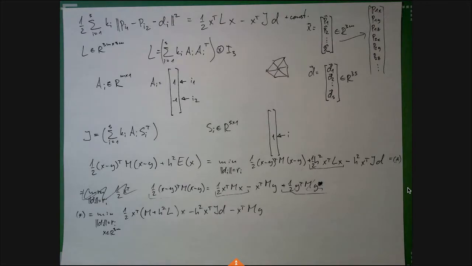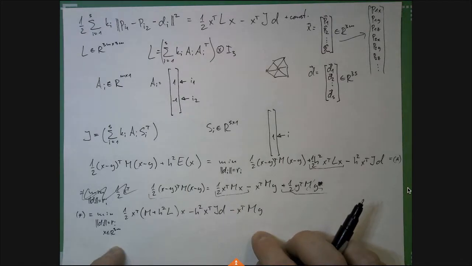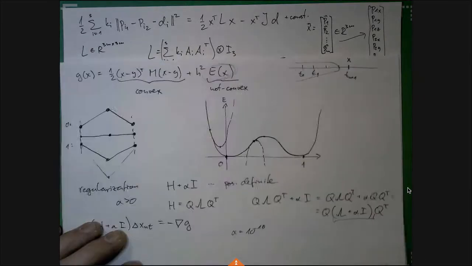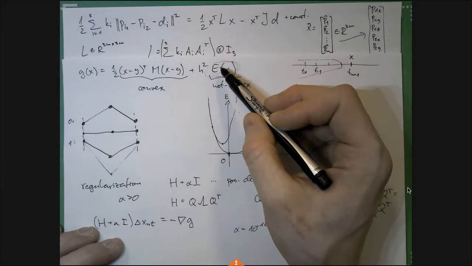It's because this was exactly equivalent. I was just rewriting all the time. The optimization problem is the same, even though the formulation is quite different, right? One thing you can notice is that here, for example, the non-convexity was hiding in the E, right?